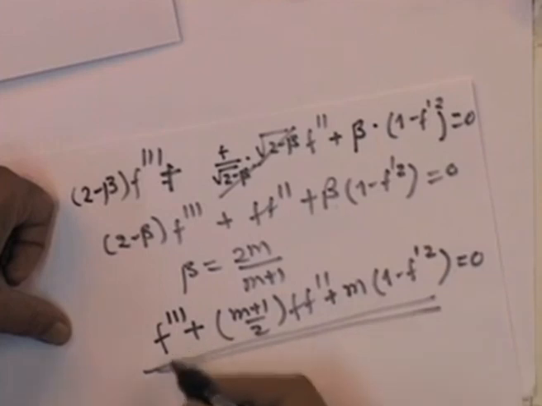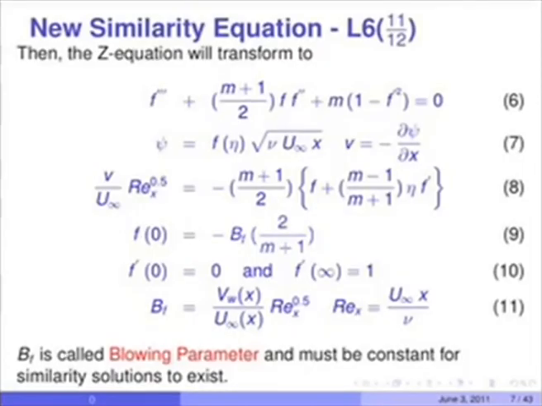So, in the new similarity variables f and eta, the appropriate equation will transform to this equation. In f, psi is equal to f(eta) times under root nu u infinity x, and therefore v will be equal to minus d psi by dx.